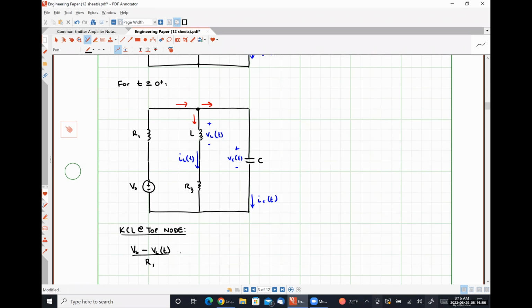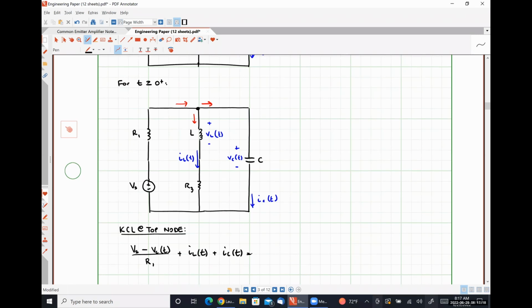My current flowing down through the branch containing the inductor is IL of t, and my current flowing down through the branch containing my capacitor is IC of t, and I'm going to set this equal to 0.